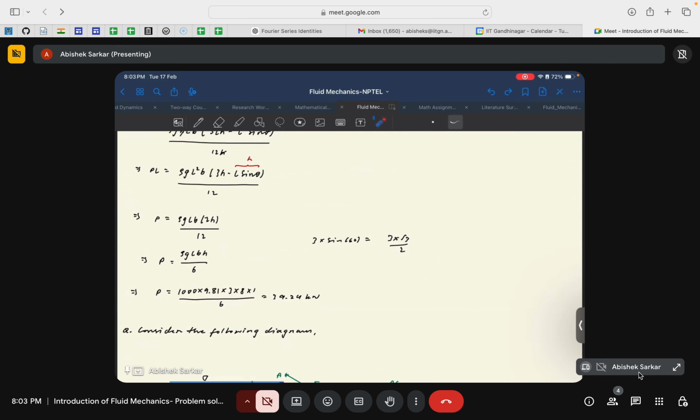And I will also share a note, so there should not be any confusion in that regard. But any doubt in the logic? Okay, if there are no comments, then I hope there's no further doubt.